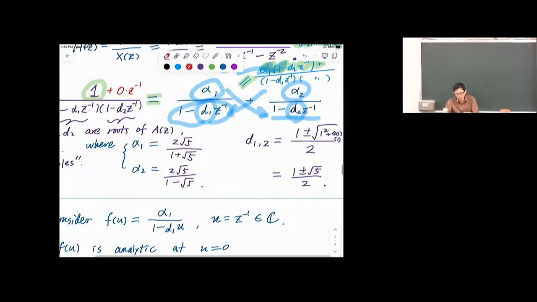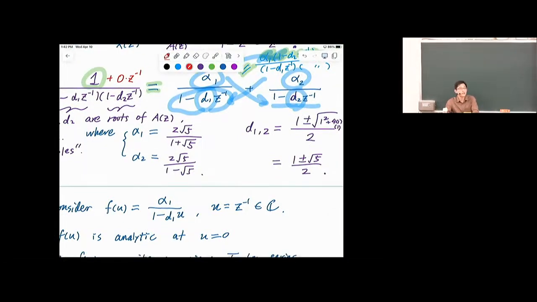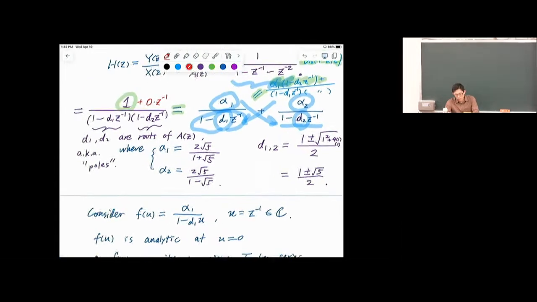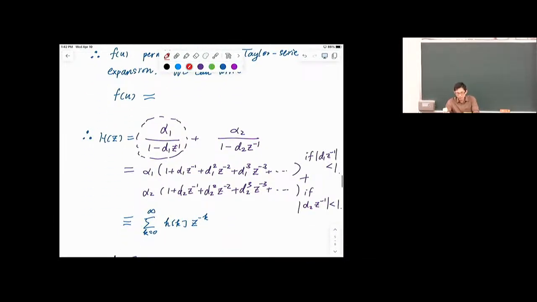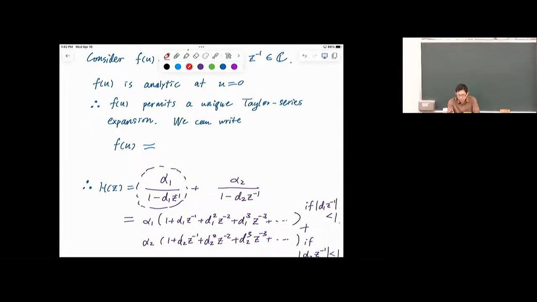Hopefully I had the right expression for alpha 1 and alpha 2. There is a faster way of calculating alpha 1 and alpha 2 in the homework, so please check it out. Now when we take a look at this, H of z for our difference equation can now be written like that.